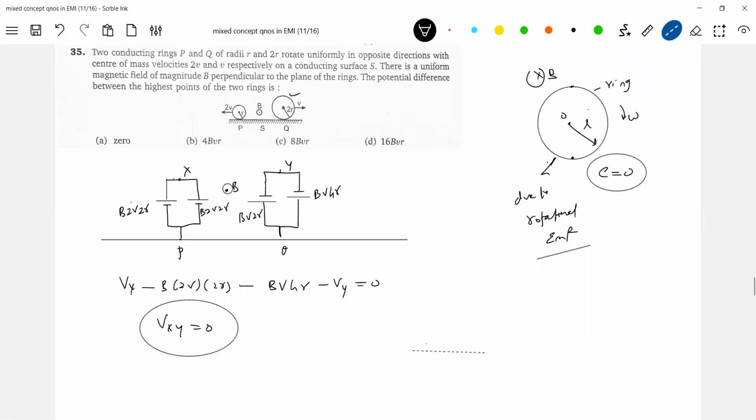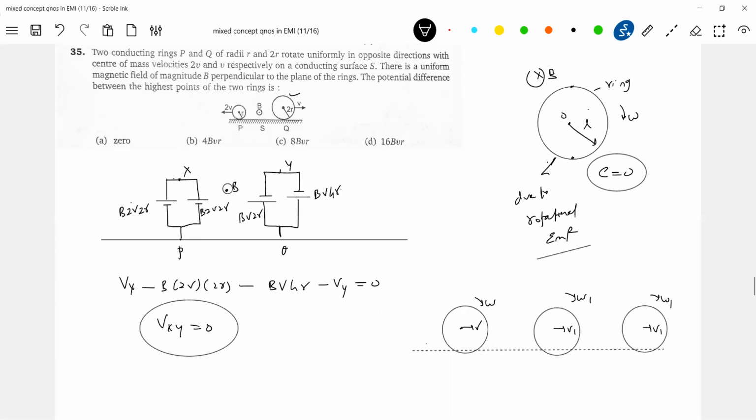Let me just describe the basic things. So there's a ring which is having pure rolling, and another ring. Let me introduce forward slipping, backward slipping, all. V equal to R omega.